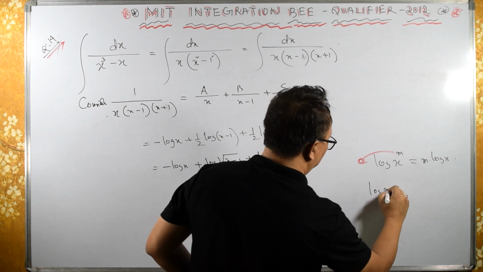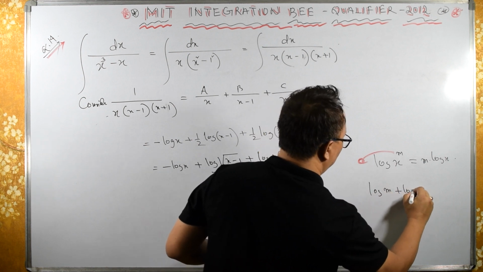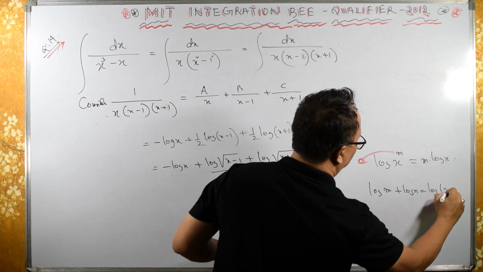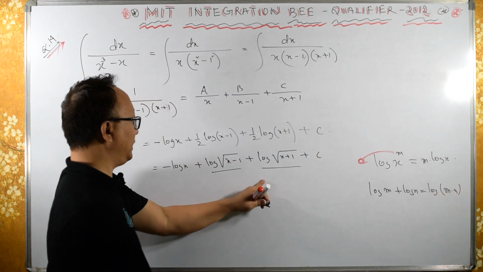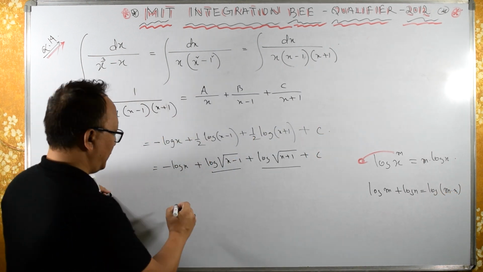Remember, log of m plus log of n is the same as log of m into n. By applying this formula, the plus becomes a product.